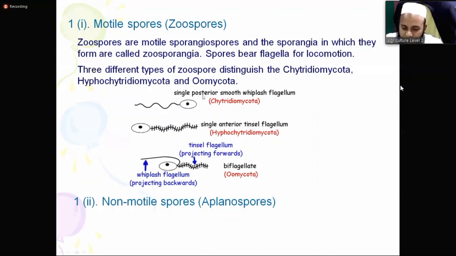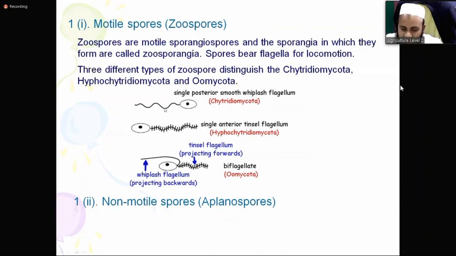Posterior means, if we say in Bangla, towards the back. So the fungal spore moves in this direction, and posterior means backside. The flagellum is projected from the back side of the spore. Single, posterior, smooth.